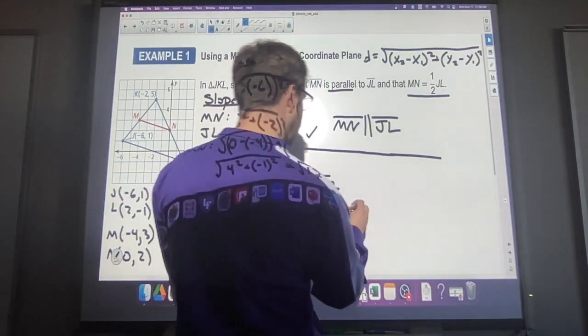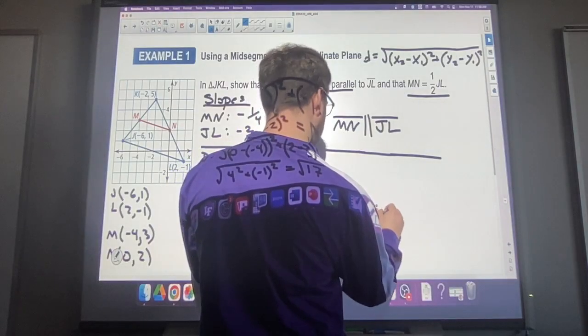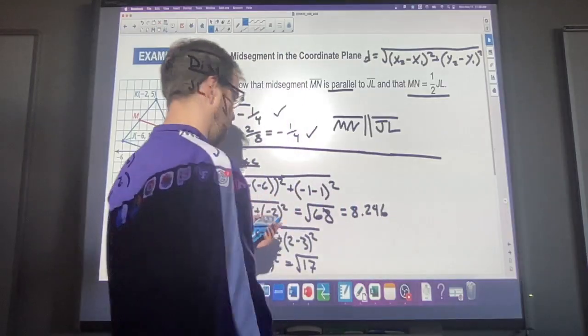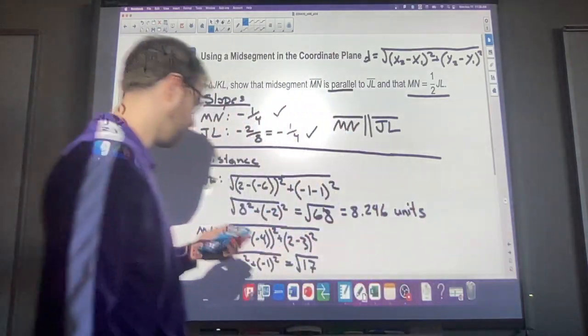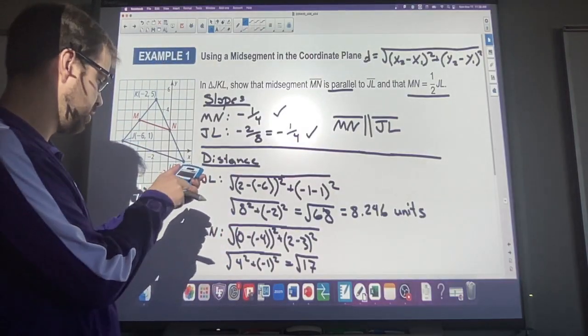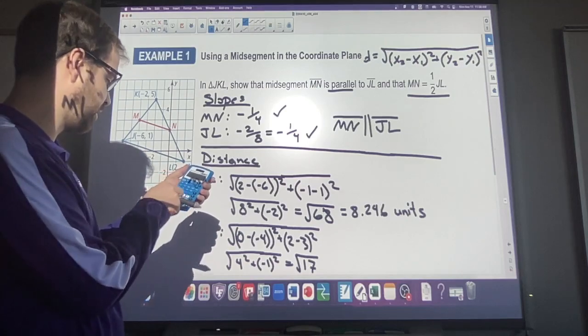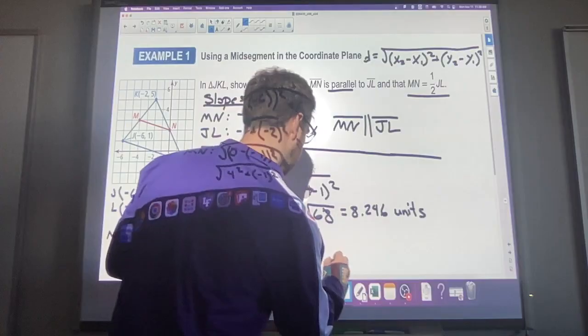And I always do 3 decimal places. So we're going to do 8.246. So it's 8.246 units. And we'll do the square root of 17, which is 4.123.